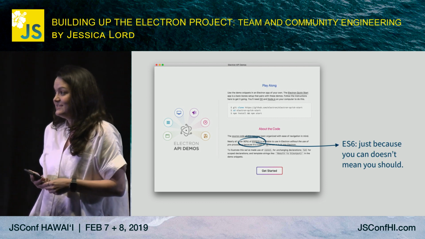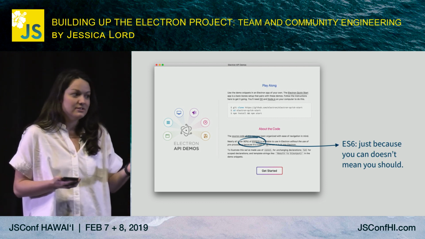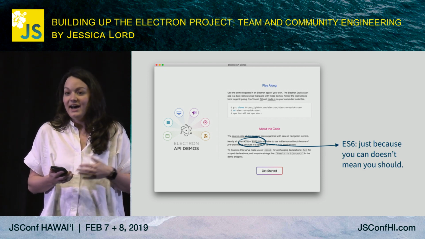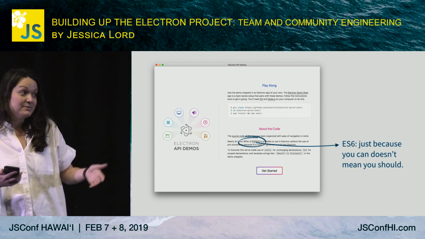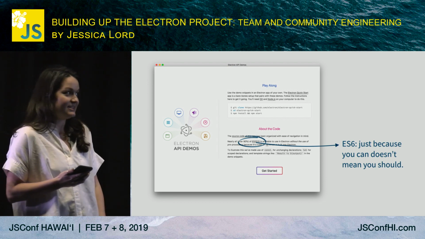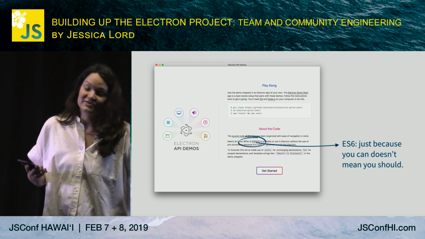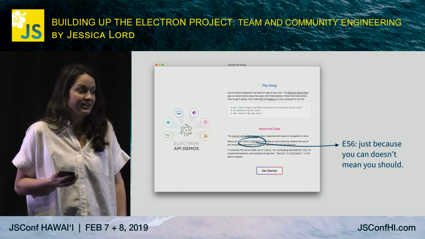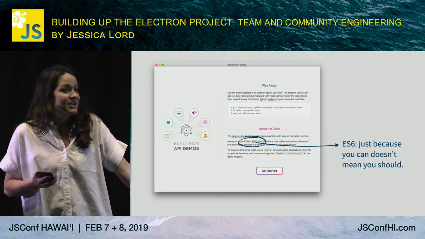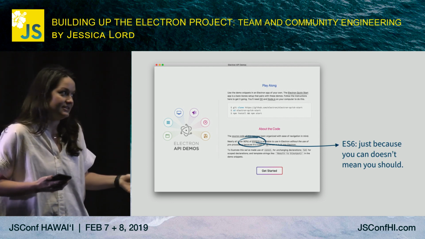Another thing is that this was a few years ago, and ES6 was still really new. And I'm targeting web developers who aren't using ES6 everywhere. And I didn't want to write, just because I could, a bunch of JavaScript that looks different to people. But at the same time, I wanted to highlight that a feature of Electron is that you get ES6 out of the box.